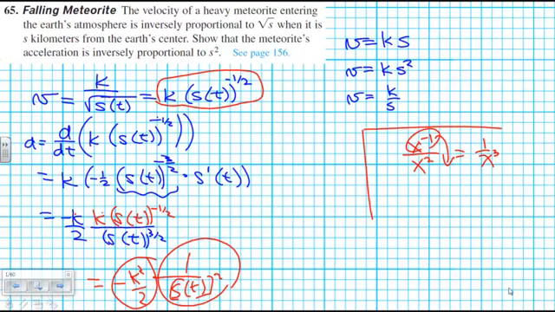So wait, how come the k jumped from the right side to the left side? How did the k get there? Because this k, the red k, is from here. Why do you take it out of that fraction?